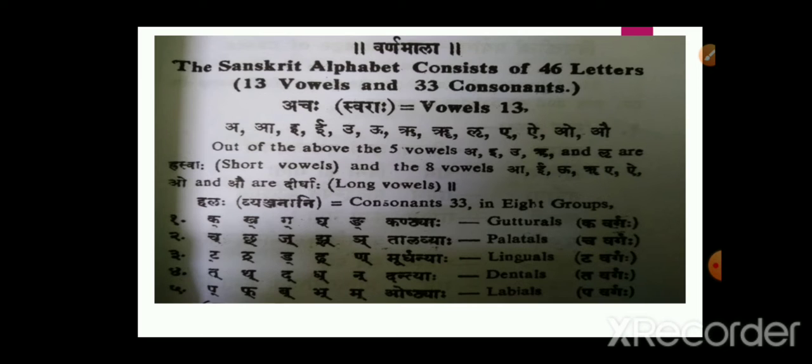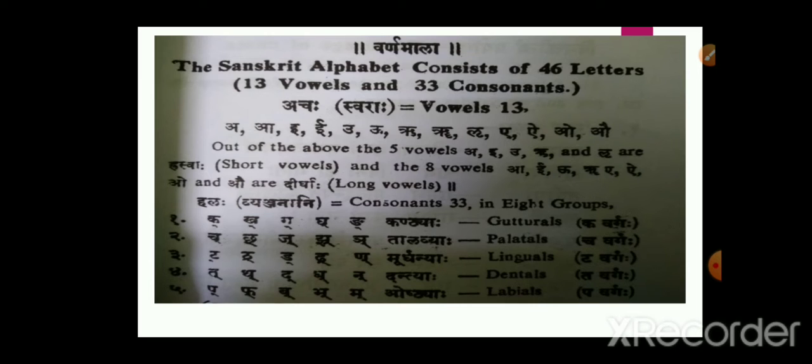Now let's see the long vowels. Long vowels are 8 in number. They are called dirghaha. Why is it called dirghaha? There is a drag when we are pronouncing the letter. You can see there is a dirgha, a drag. Let's see what they are. A, i, u, r, e, ai, o, au.